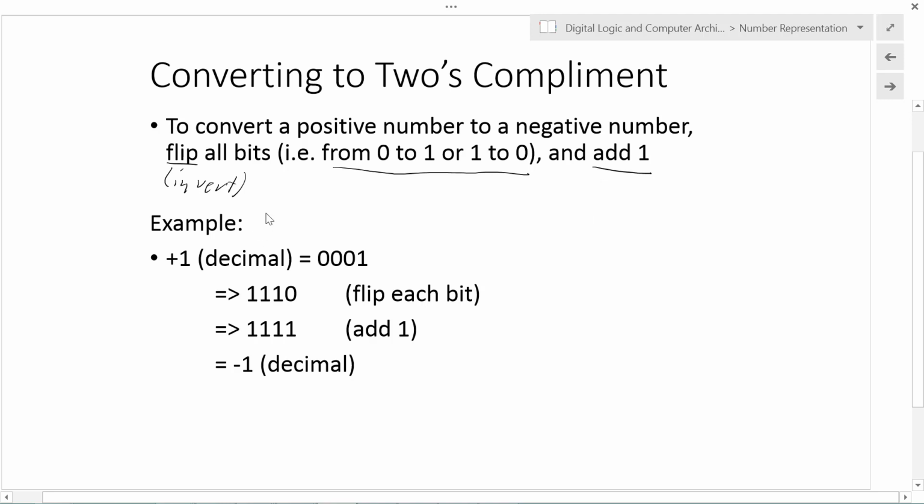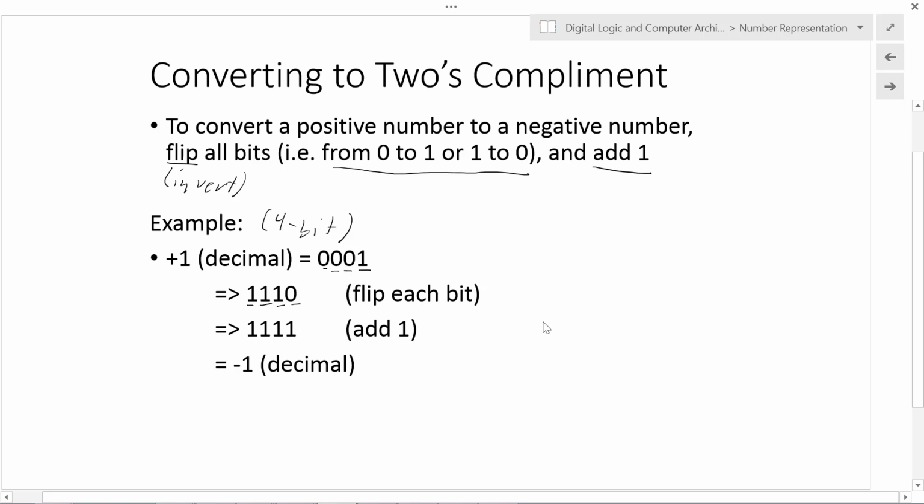So here's an example using 4-bit numbers. We have positive 1 in decimal, which is converted to 0, 0, 0, 1 in binary. Let's invert each bit. So we'll start here. 0 becomes 1. 0 becomes 1. 0 becomes 1. 1 becomes 0.